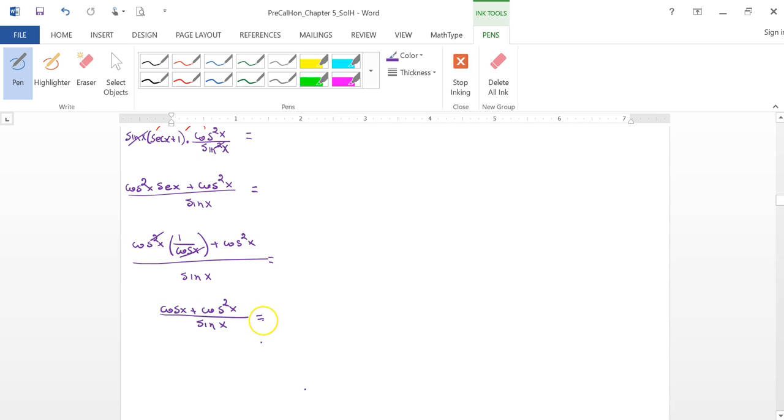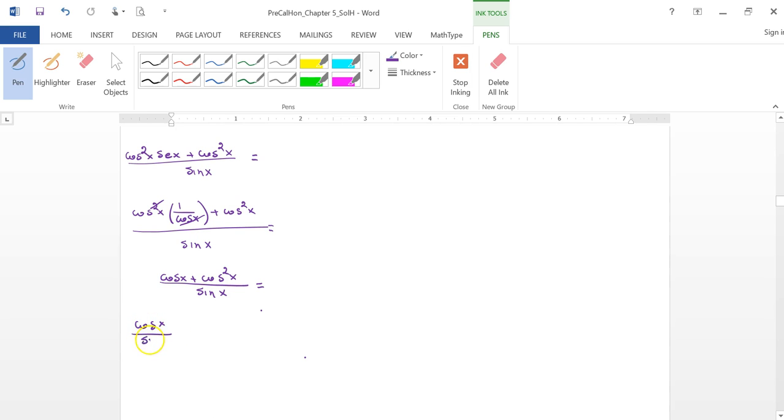Now, there's another trick. You can factor out a cosine here. And that'll give you, actually no, let's not do that. If you factor out a cosine, it won't do anything because you have 1 plus cosine. Oh, it's not squared. Right. So another trick you can do when you have multiple terms in the numerator, but just one in the denominator, you can split them up like this.